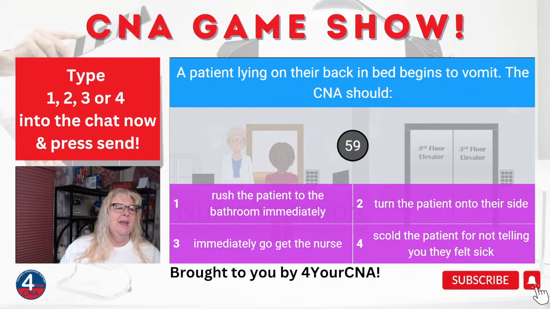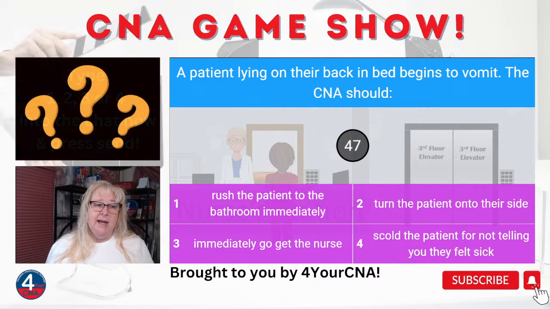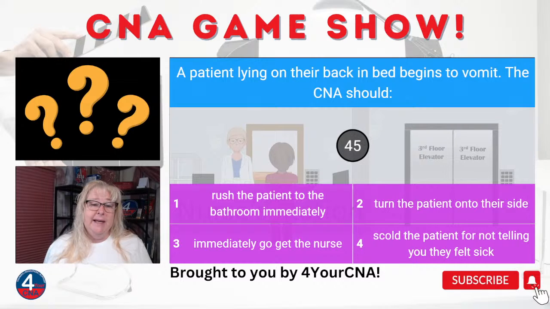Here we go. A patient lying on their back in bed begins to vomit. The CNA should: 1. Rush the patient to the bathroom immediately. 2. Turn the patient onto their side. 3. Immediately go get the nurse. Or 4. Scold the patient for not telling you that they felt sick.